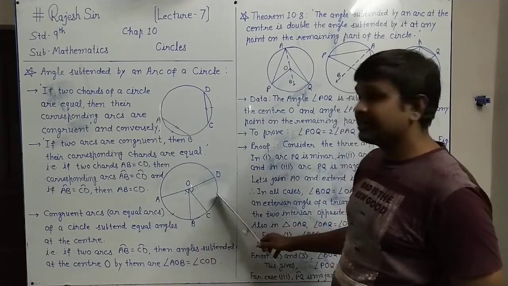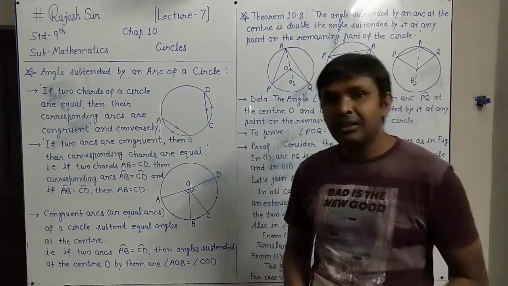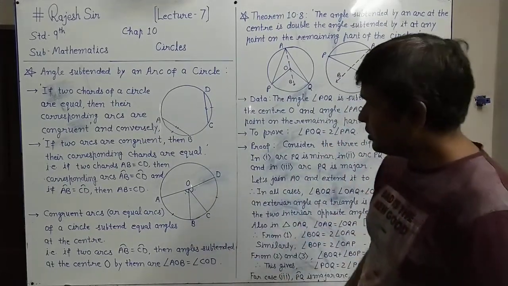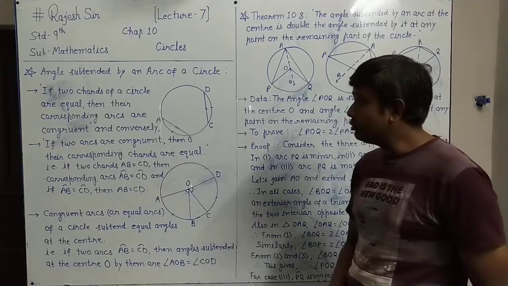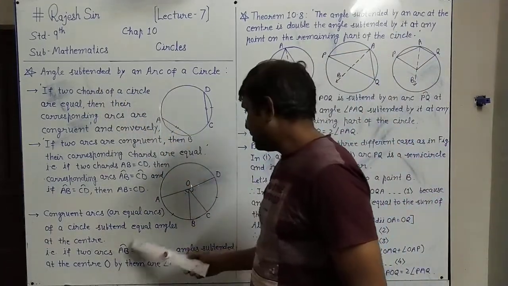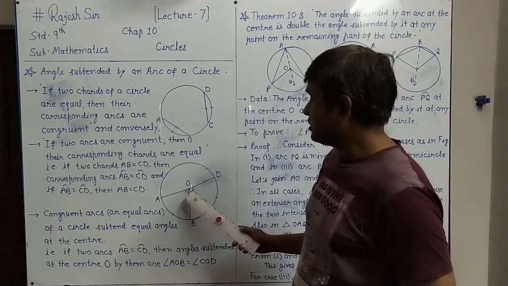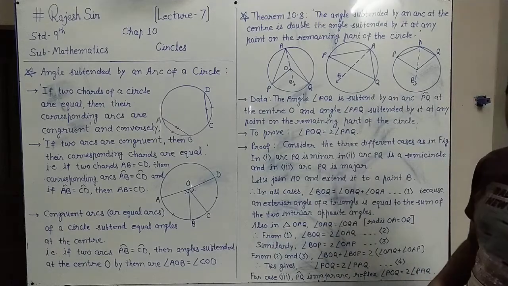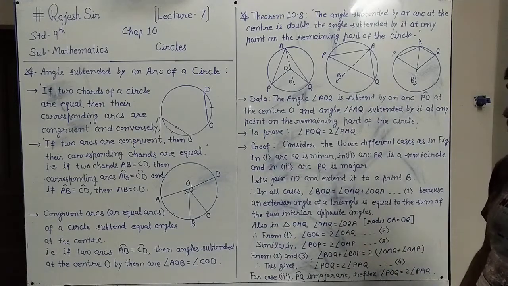If the arcs are equal, the angles subtended by them at the center are equal. This is to be noted and understood. That is what we have understood.